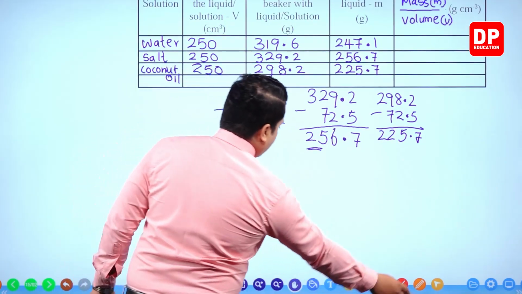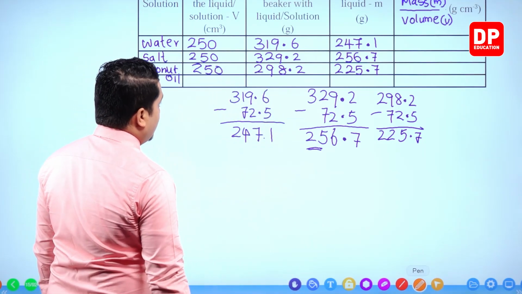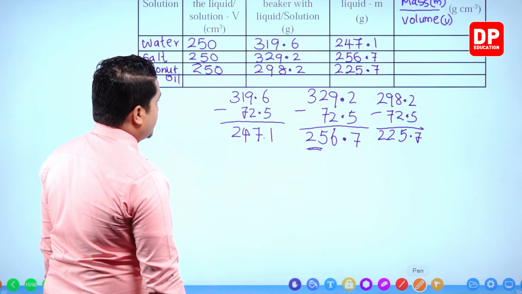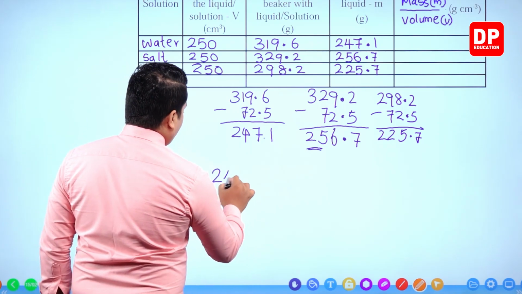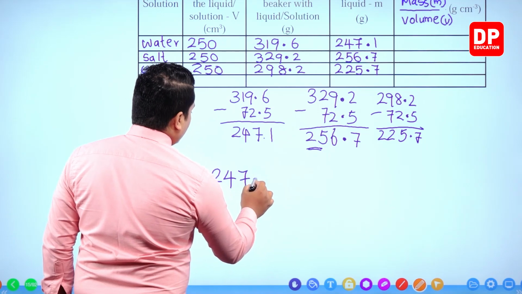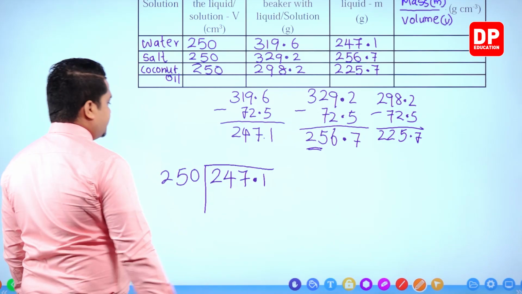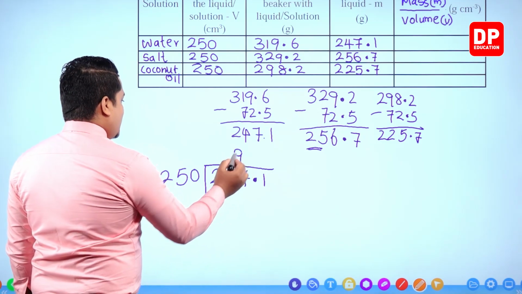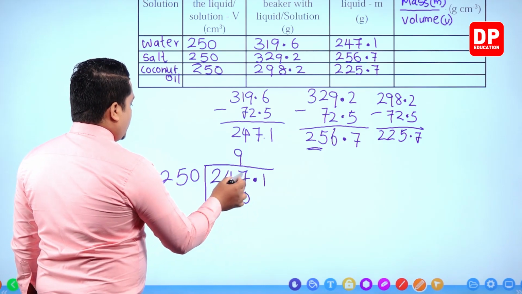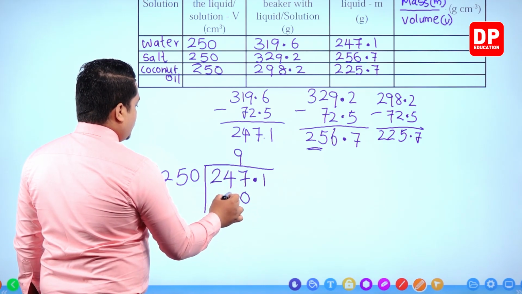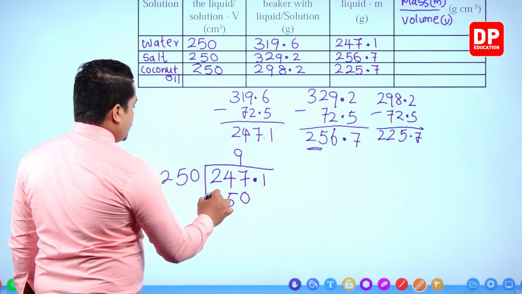So, here I'll take the slide somewhat up. Then we'll do the division, my dear children. First of all, you have to take 247.1 divided by 250. So, here 9, you multiply, 45.54, then 18, 22.